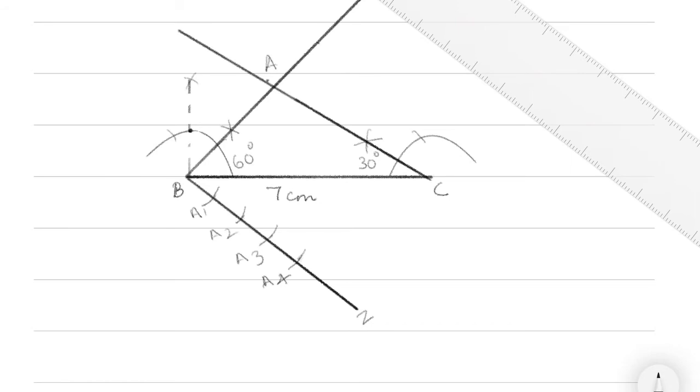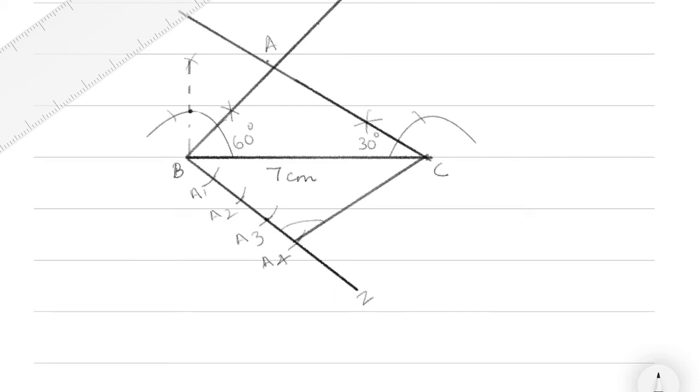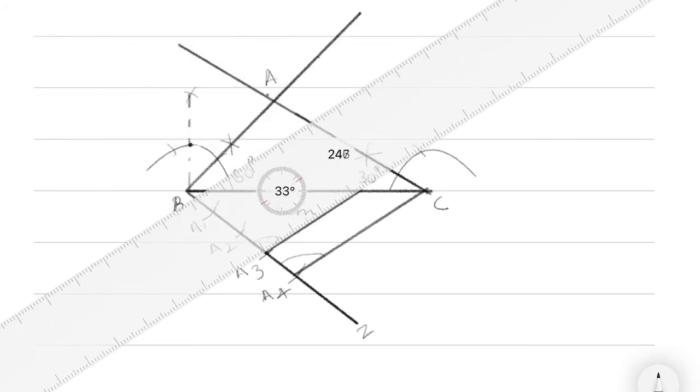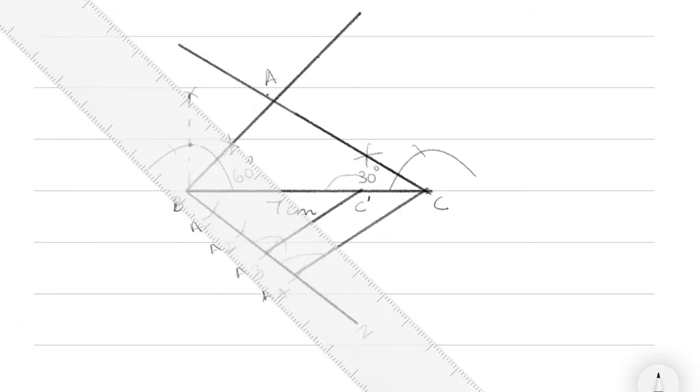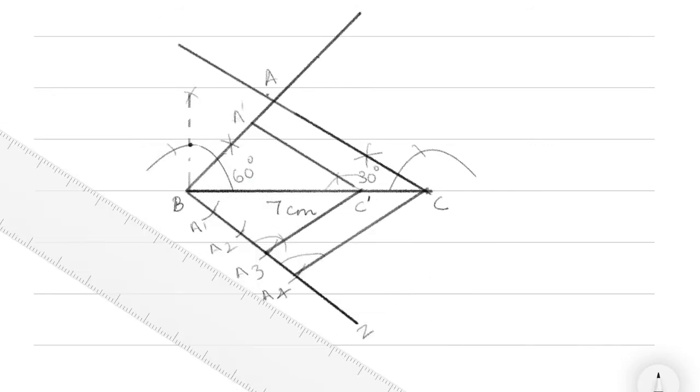So from B we have made 4 arcs at equal distances. Let's join A4 and C. I'll measure this angle at A4 and the same angle I'm going to draw at A3 to meet BC at C dash. Now at C dash I'm going to make 30 degree angle, which is same as C. We get the point A dash.